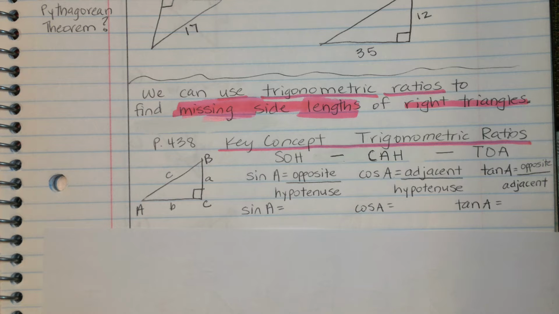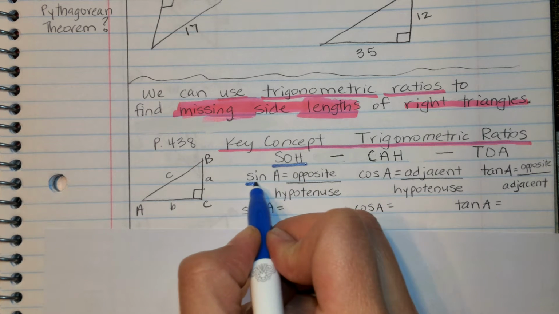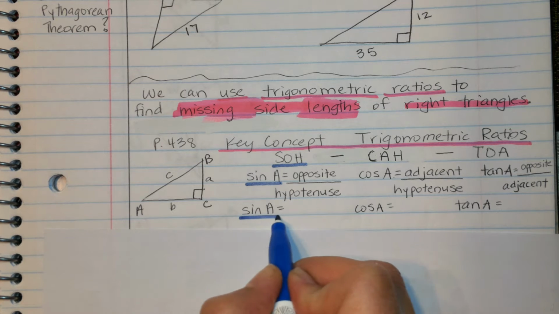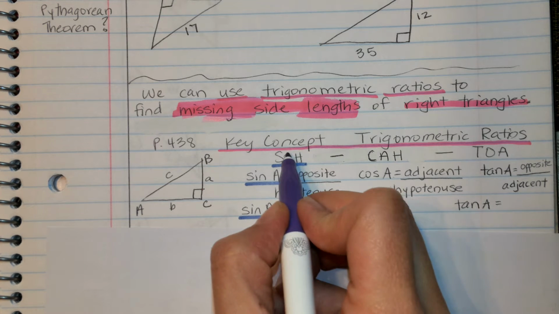The first one is called sine. It looks like it says sin, but we actually call it sine. Sine is a ratio, and there's a top and a bottom number. The top number is always the opposite.